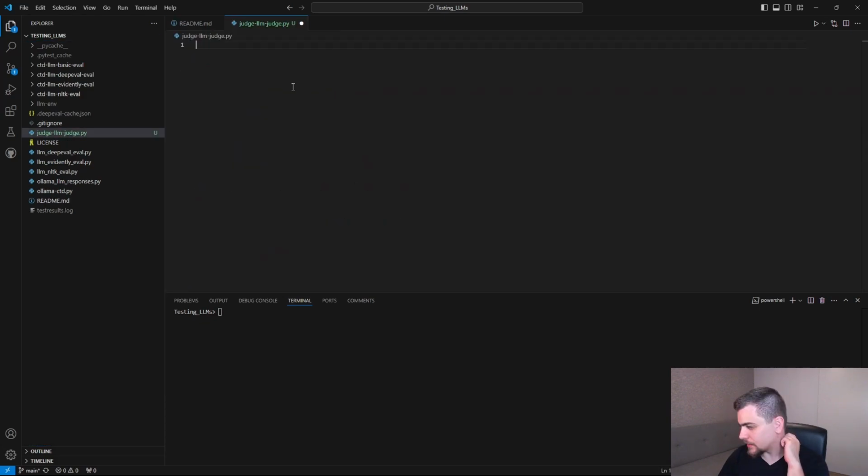I think it's nice. I would like to keep the scope of the original set of questions. When I tested these three locally deployed large language models, I had a set of questions.